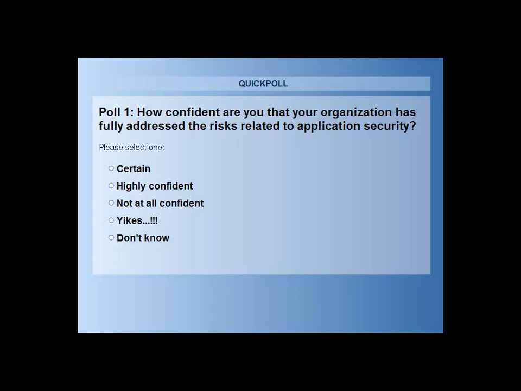There we go. How confident are you that your organization has fully addressed the risks related to application security? So certain would be if you've got an extremely comprehensive risk assessment process and you're looking at both IT risk and application security risk, and really doing that analysis of risk holistically, looking at what's happening at the business process as a whole, and not just what's happening in the application.